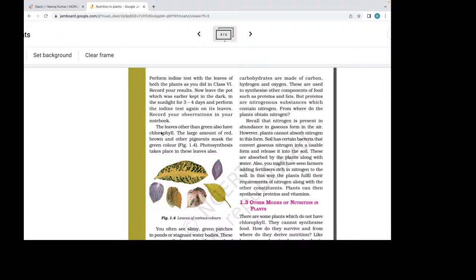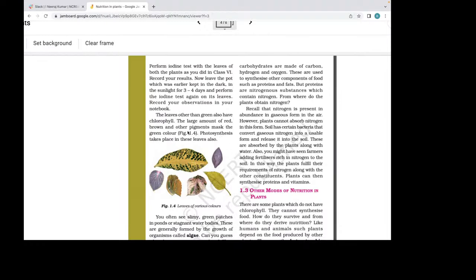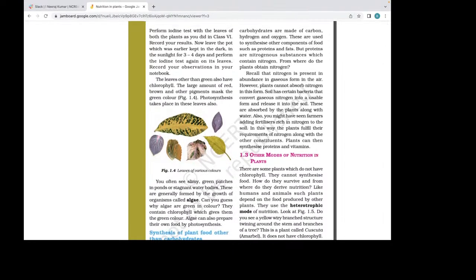They just mask this green color. It is basically present in the leaf, but this large amount of red, brown and other pigments basically hides it. So that is why photosynthesis takes place in these leaves also.